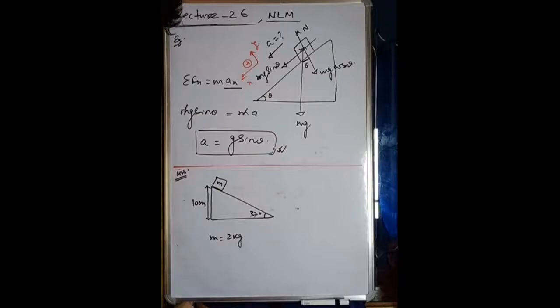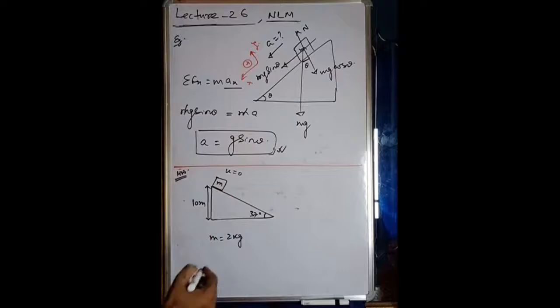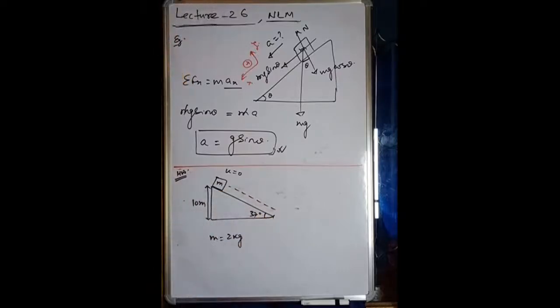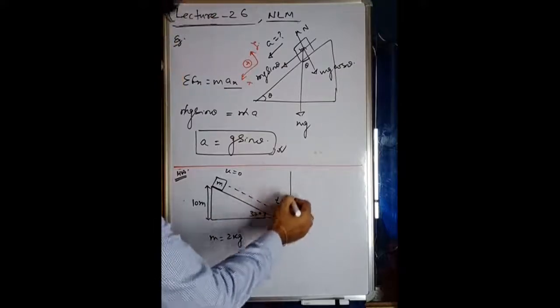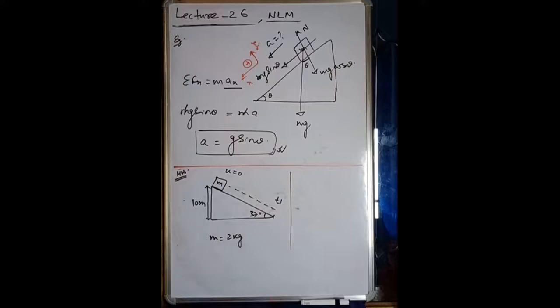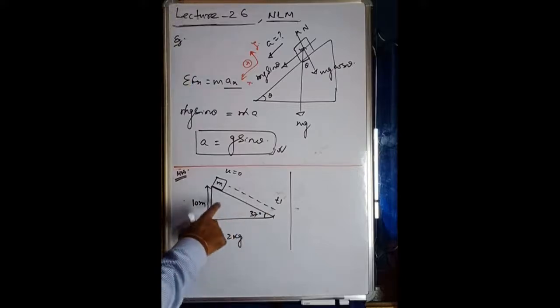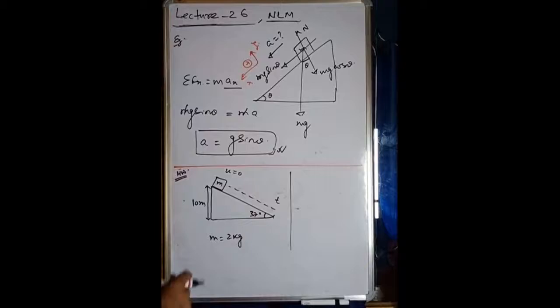Now I leave this block with initial velocity 0. It goes down and leaves the wedge in t seconds. Now you have to find this t, with the 10 meter height, 2 kg block, 37-degree inclination. You have to find the time.